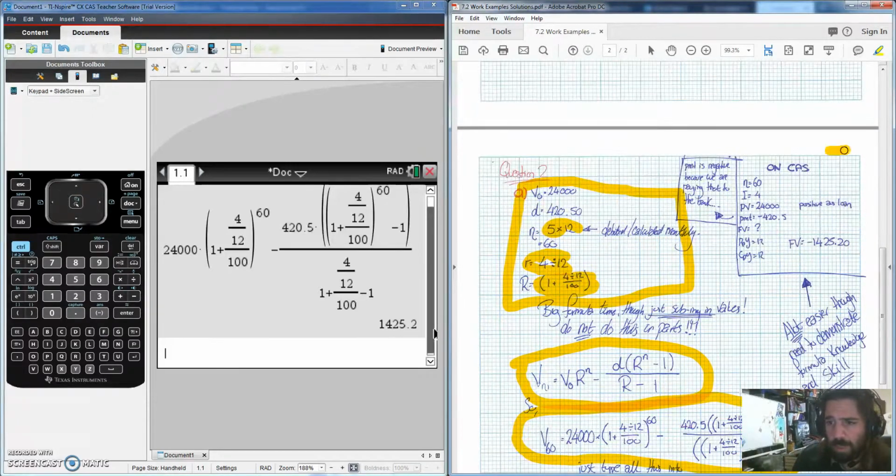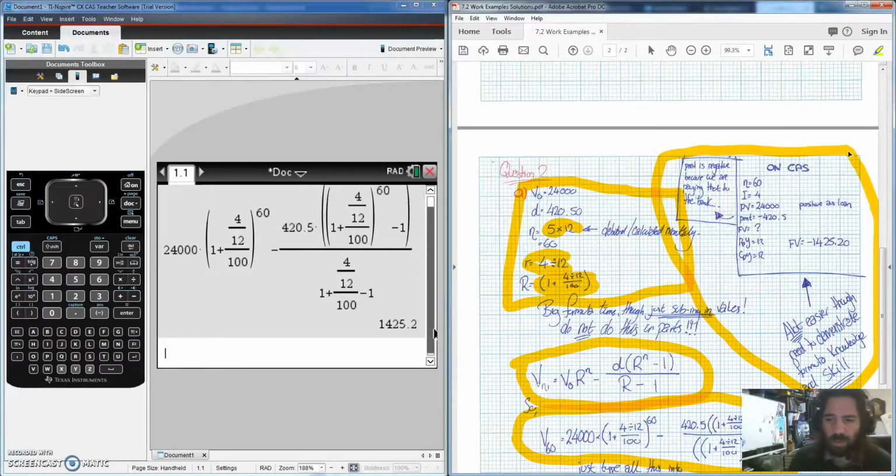What I've got up the top here on the notes is how we put that into our CAS calculator. We can chuck all of this into our financial solver and get exactly the same answer. What you do need to be wary of is that this is going to be a negative because it's PMT. You still have to change your N value. You just have to set your PPY and CPY to be 12. Remember, we never change our I value when we do the financial solver.